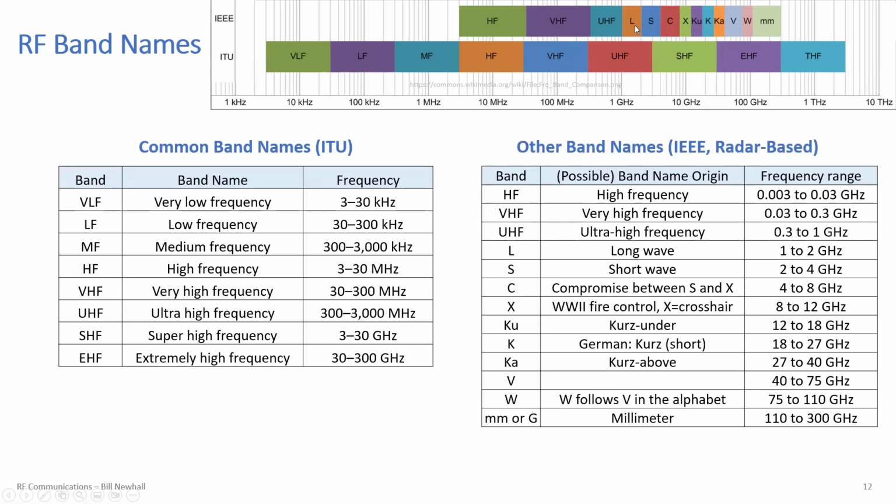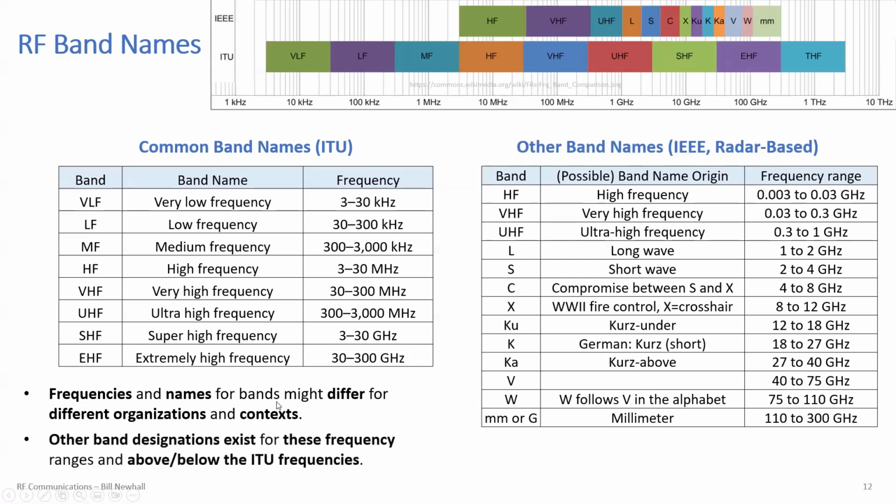I wanted to point that out so you don't get confused if you hear those. The frequency ranges and names for these bands might differ for different organizations and different contexts. There are also other band designations for these ranges that go above and below the ITU frequencies, but I'll leave those for your own research.